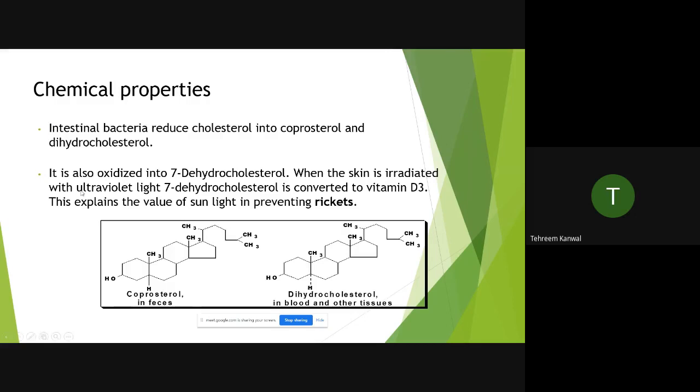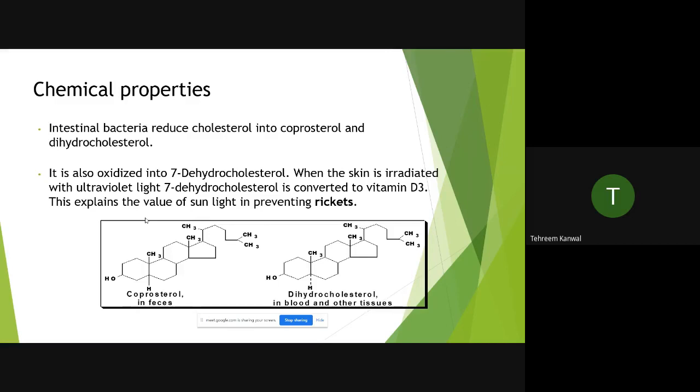Another thing which is very important in cholesterol metabolism is that it is a source for vitamin D3. We all know that in our population there is very common vitamin D deficiency, and when a patient comes to us, we just say that there is a vitamin D deficiency, you should have milk and other things in your diet.